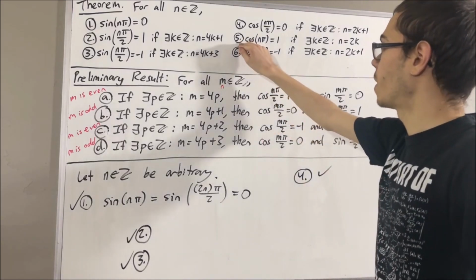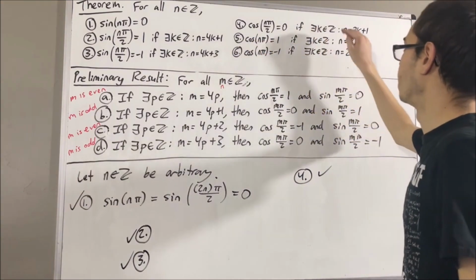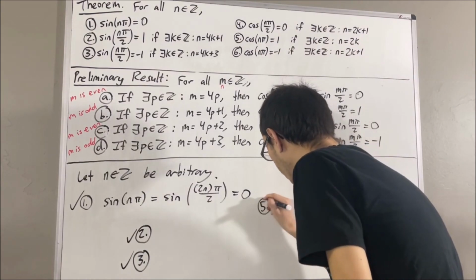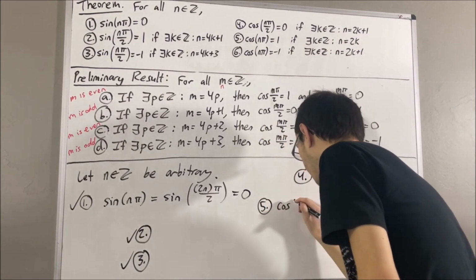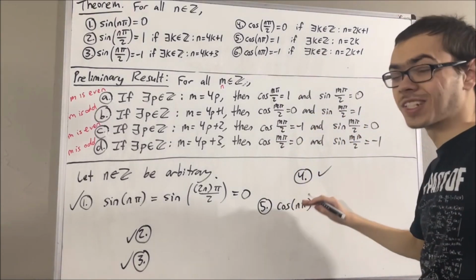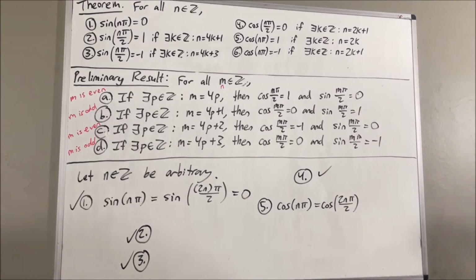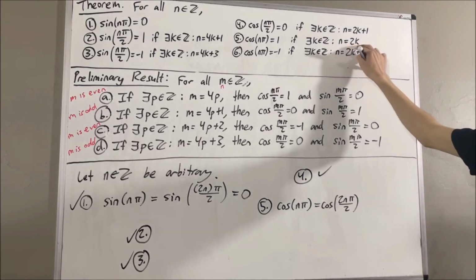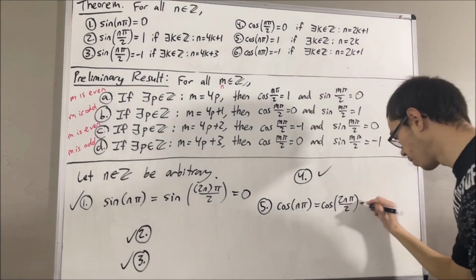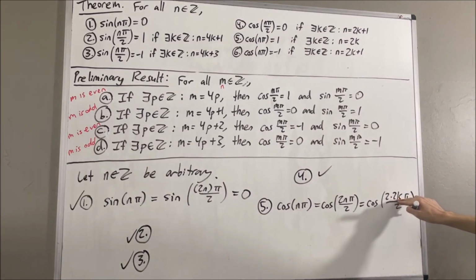As for result number 5, we want to show cosine of n pi is equal to 1 if n is even. So let's do some work for this one. We have cosine of n pi, and what we're going to do is multiply and divide by 2. So we have this. But we're assuming n is equal to 2k, so I'm going to replace n with 2k. So we get this, but then 2 times 2k is equal to 4k.